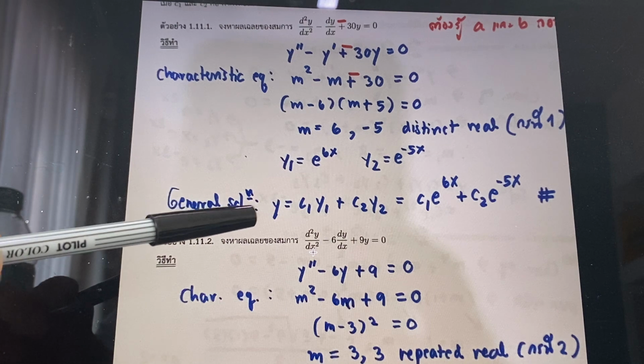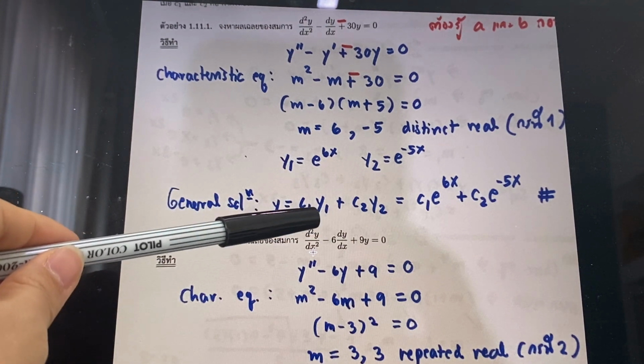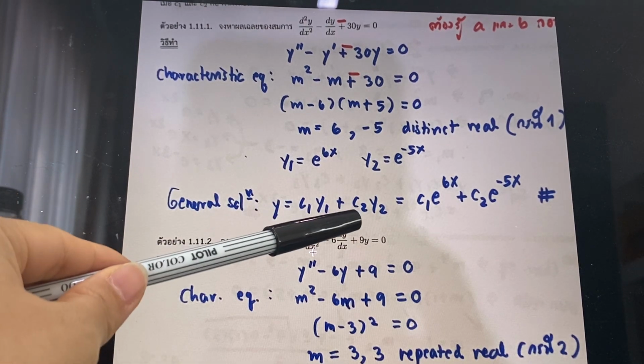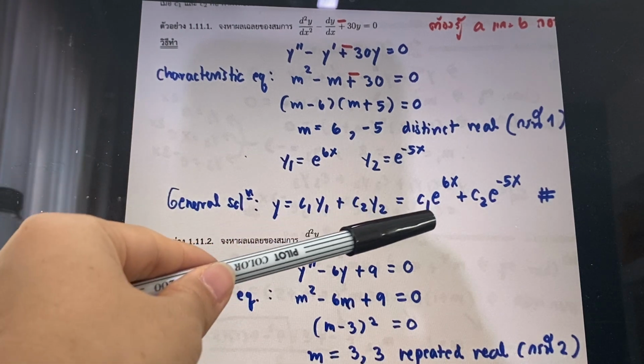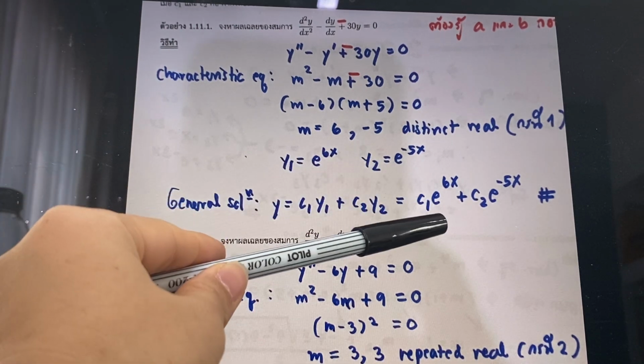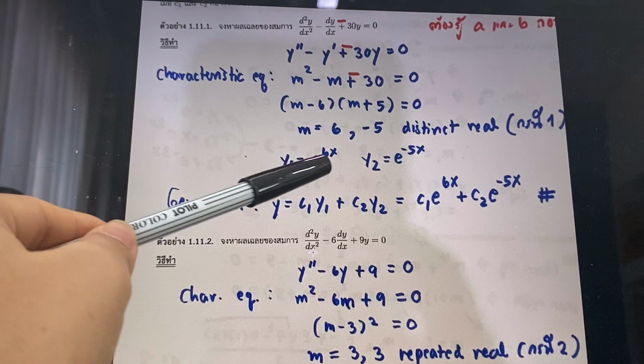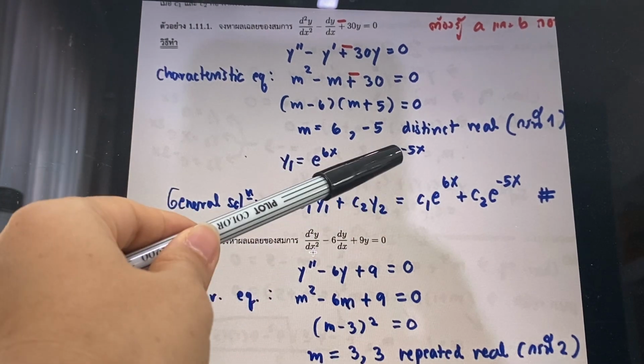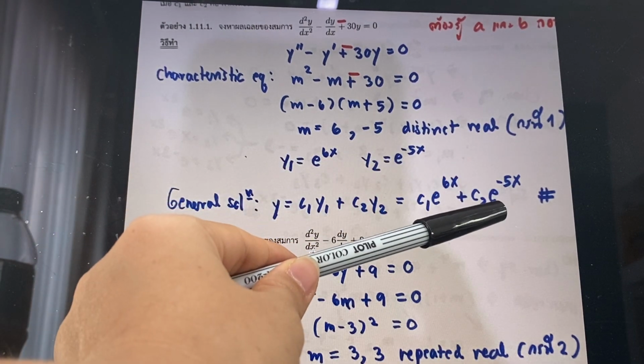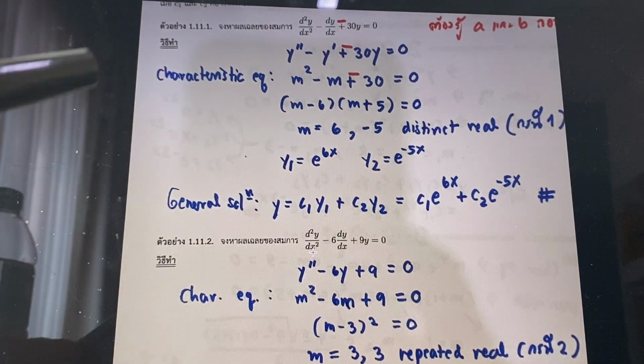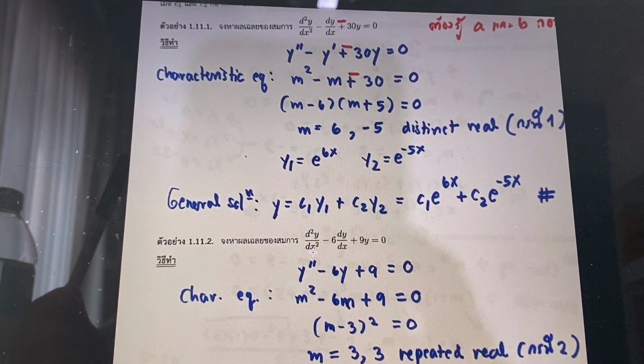Therefore, the general solution will be y equal to c1y1 plus c2y2. And you just plug it in. So it's equal to c1 e to the 6x plus c2 e to the negative 5x. Okay, just like this.